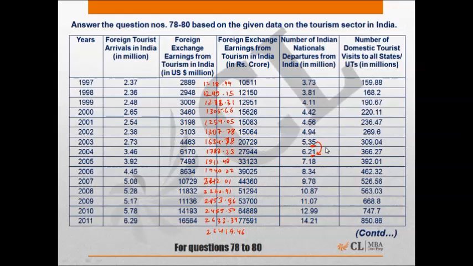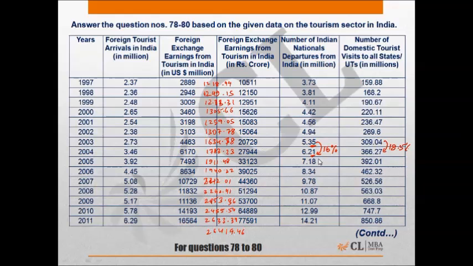So there is an increase of approximately 16%, and when the same increase is observed for the number of domestic tourists, it comes out to be around 18.5%. So in 2004, the percentage increase in the number of Indians going abroad is lesser than the percentage increase in the number of domestic tourists.